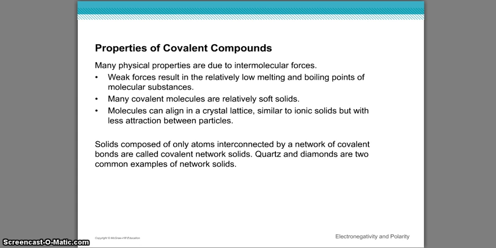And there are some molecules that will align themselves into a crystalline structure, but because their particles are less attracted to each other, they're going to have lower melting points than the ionic compounds do, even if they happen to look like a crystal. For example, sugar looks like little crystals, but it is molecular, it is not ionic.